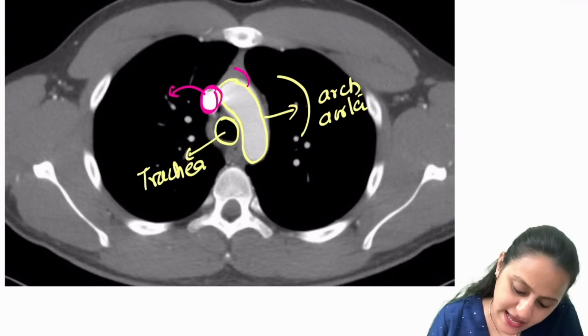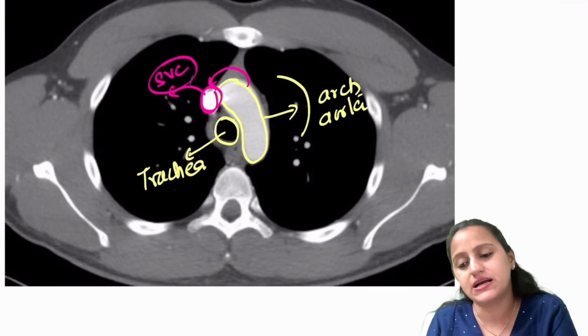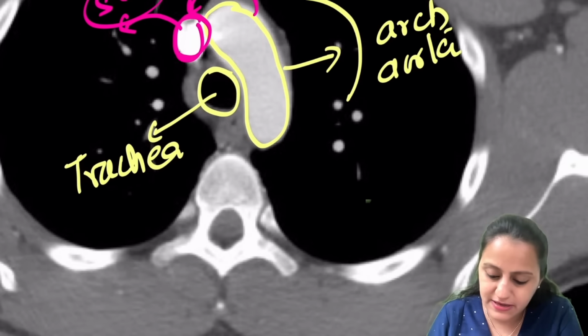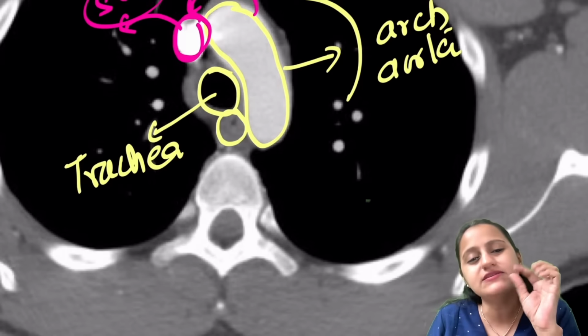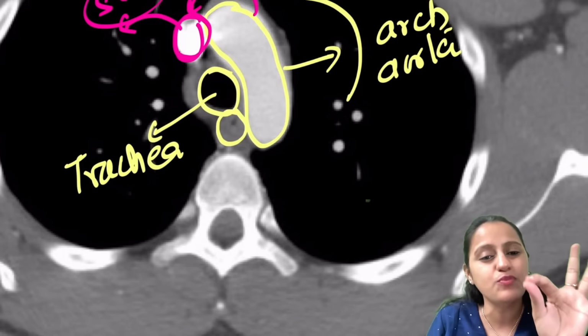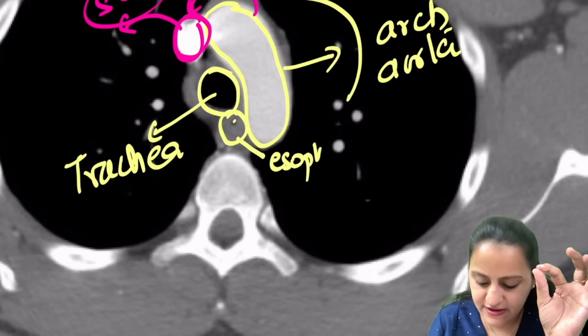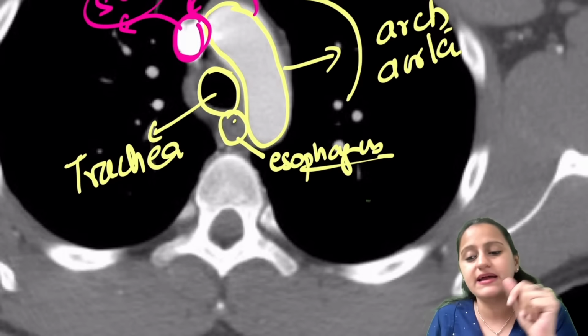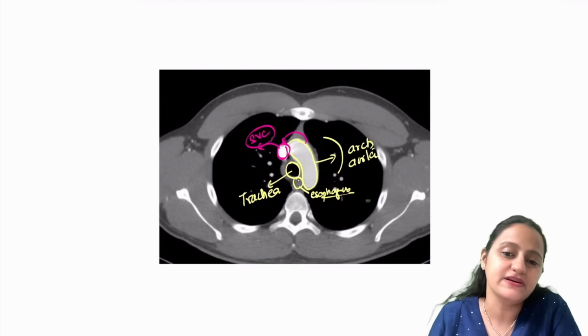So to the right of the aorta is going to be its vein, that is superior vena cava. And if you look at this image very carefully, just behind the trachea, you have a collapsed structure with just a small speck of air inside, right? And this is behind the trachea, you have esophagus. Okay, behind the trachea, you have esophagus there. Okay, so trachea in front, esophagus behind.